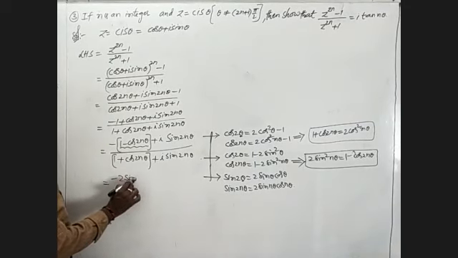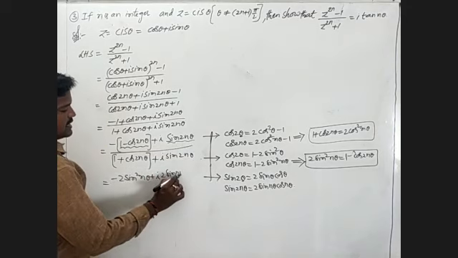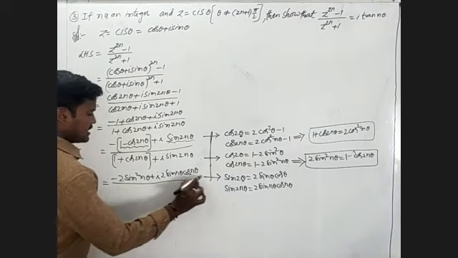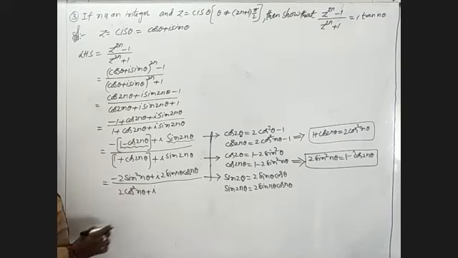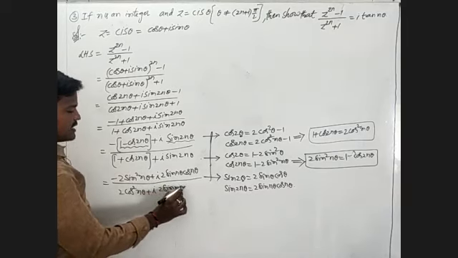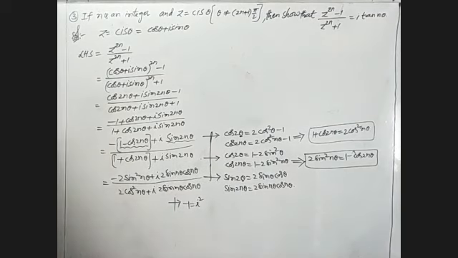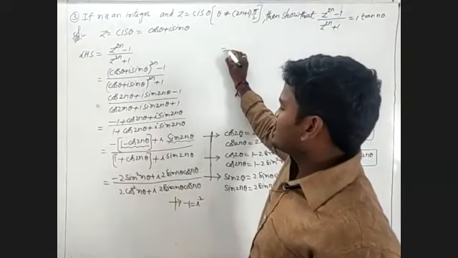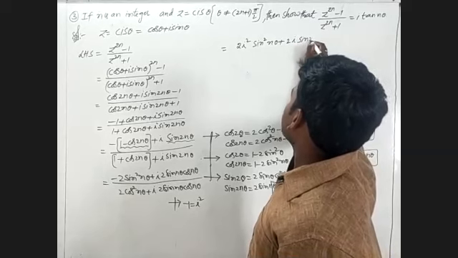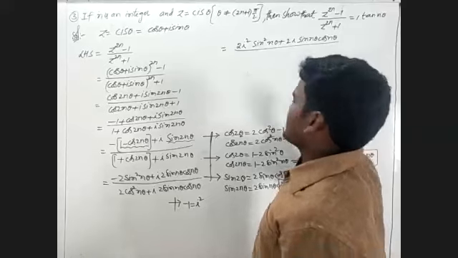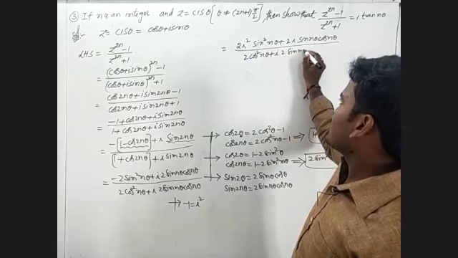That is minus 2 sin square n theta plus i into sin 2n theta, which is 2 sin n theta cos n theta, by the denominator 1 plus cos 2n theta, which is 2 cos square n theta plus i into 2 sin n theta cos n theta. Here we take minus; minus 1 is nothing but i square. That means 2i square sin square n theta plus 2i sin n theta cos n theta, by 2 cos square n theta plus i into 2 sin n theta cos n theta.